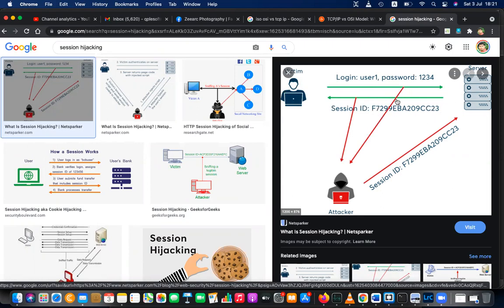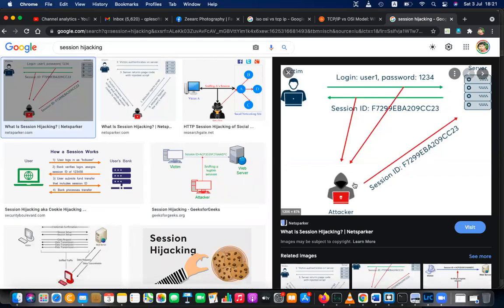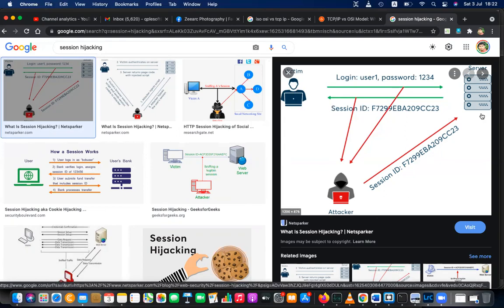What the attacker is doing is getting the session ID, and by sending the session ID, the attacker is showing that the attacker is the authenticated user. Then the session will be established between the server and the attacker.